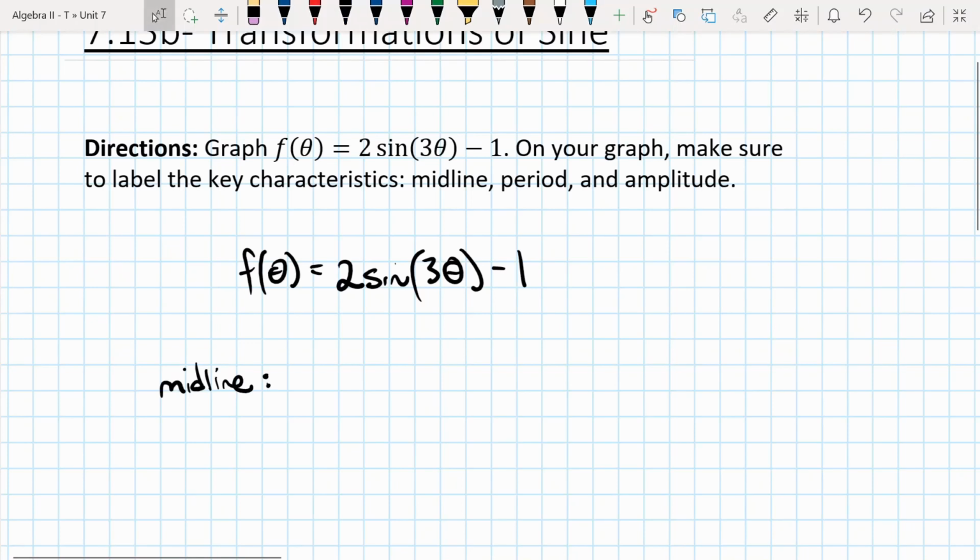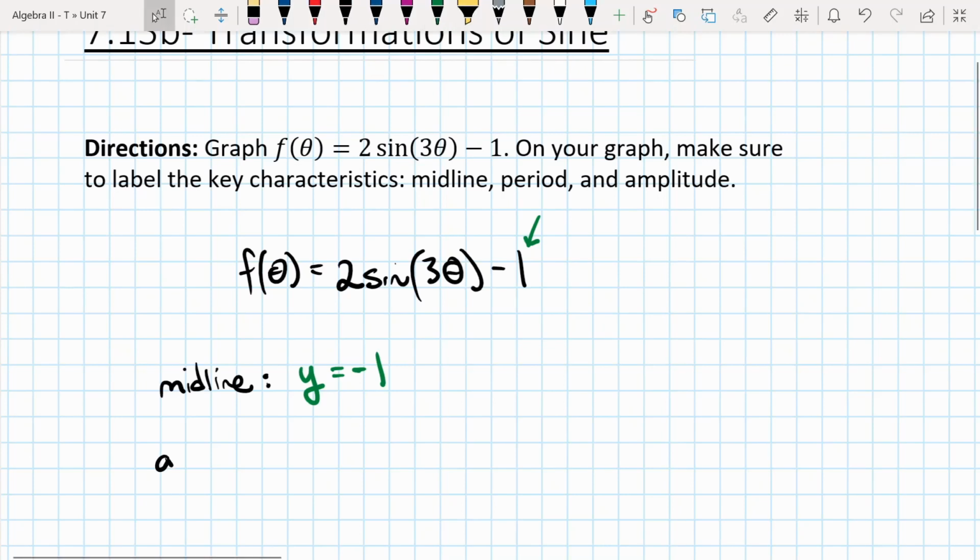Okay, the midline is going to be equal to the k value, which is the number on the outside. We called it k in class. And so the midline, which is a horizontal line, is going to be written as y equals -1. And that's because this value over here is -1. So the midline is just whatever the number is on the outside.